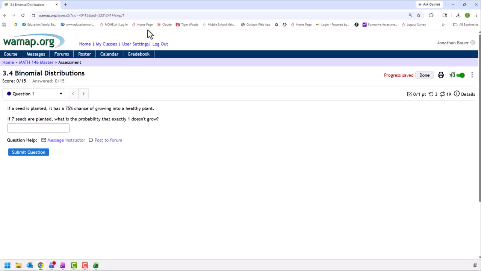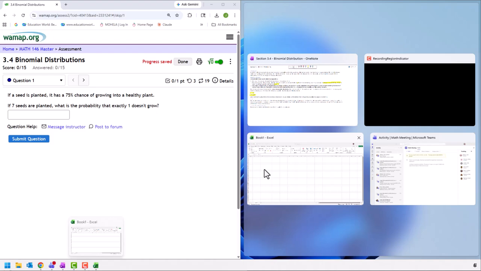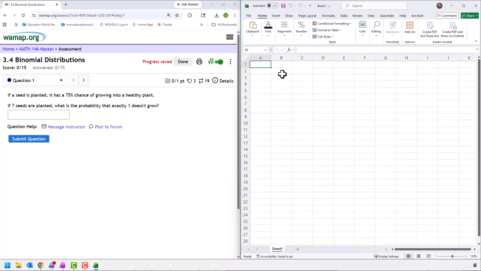Just want to bring up something here. We've got a WAMAP question, and I'm going to use Excel to do the work. So here's that. Anyway, so seed is planted. It has a 75% chance of growing into a healthy plant. So in this case, I would say the probability of success, a healthy plant, 75% as a decimal.